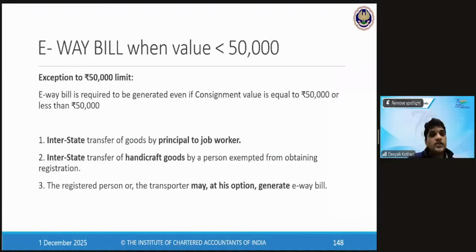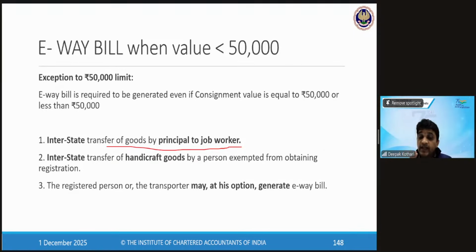If it is an interstate transfer of goods by a principal to a job worker, within the state they don't have to. But when they make interstate movement from the principal to the job worker, then they have to compulsorily raise an e-way bill. Second is an interstate transfer of handicraft goods by a person who is exempted from obtaining registration.